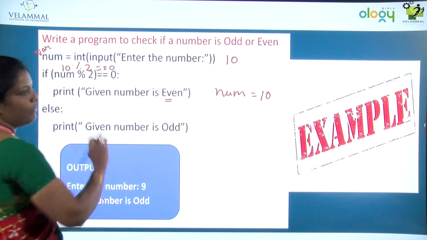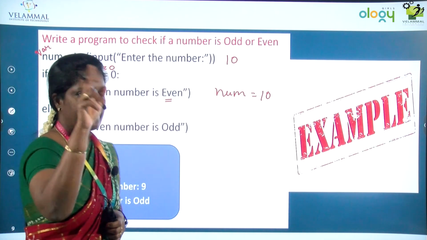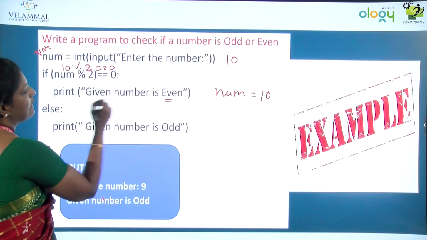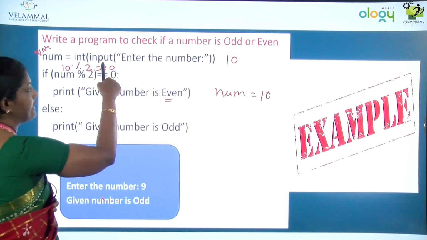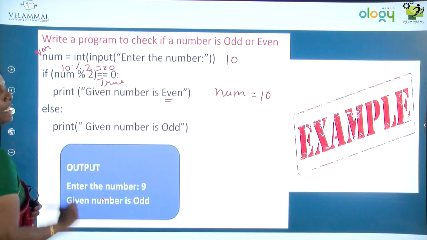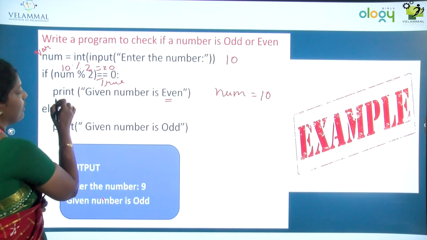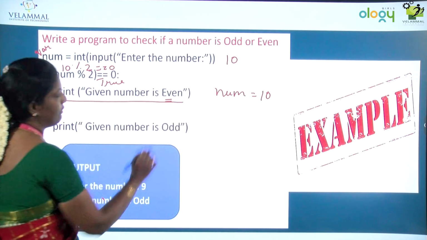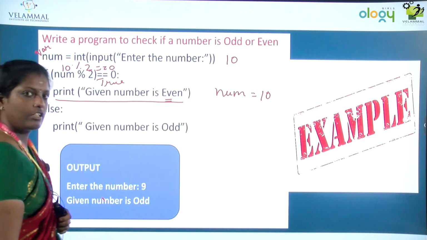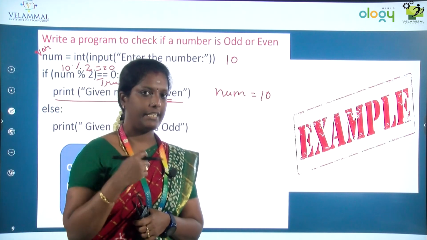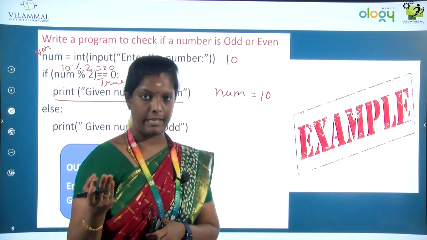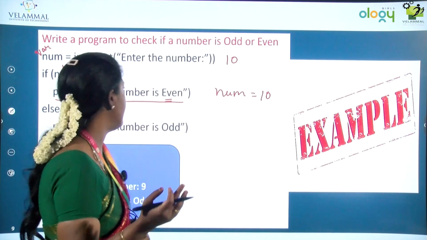When 10 is divided by 2, the remainder is 0, because it's divisible, right? So when it's 0, what statement will be executed? This is becoming true, right? When this is true, this statement will be printed: the given number is even. Understood? We'll see the same example in the demo and how it is working. Fine.